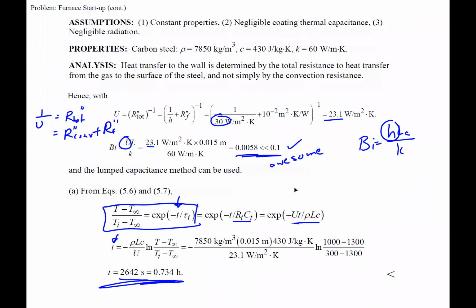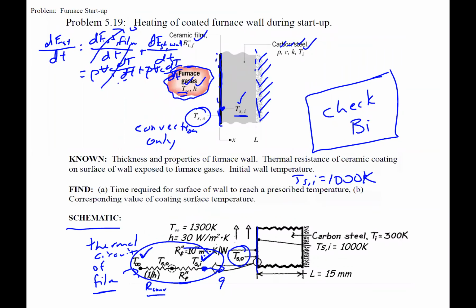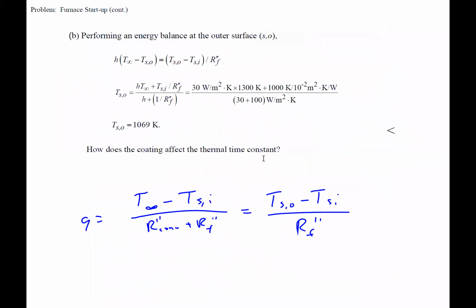They use the equation of knowing this delta T and this delta T and relating them. I just used this one to this one and then this one to this one, set those equal. And it's just using that equation, we get 1069 Kelvin.